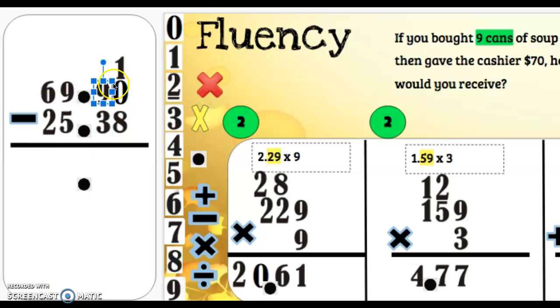So now we can subtract. 10 minus 8, 2. 9 minus 3, 6. 9 minus 5, 4. 6 minus 2 is 4. So, when all is said and done, after buying this bread and this soup, and you pay with $70, you will get change back of $44.62. Okay, so that's how you do fluency for today.